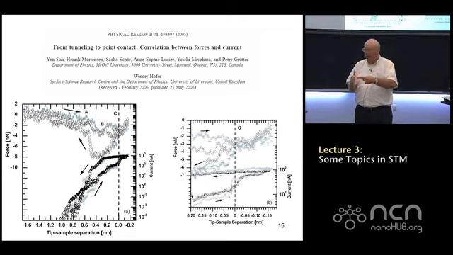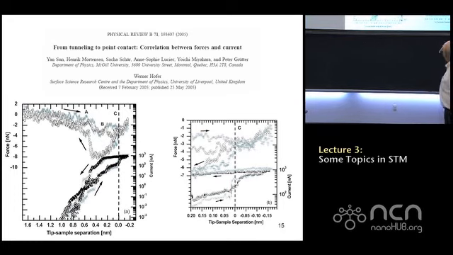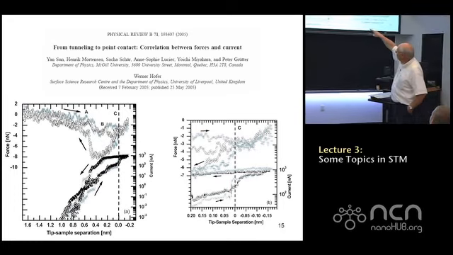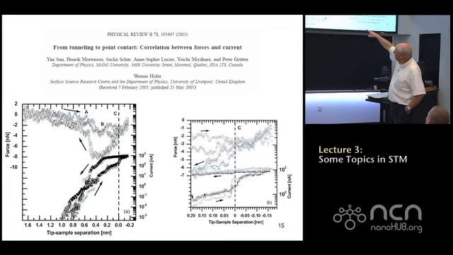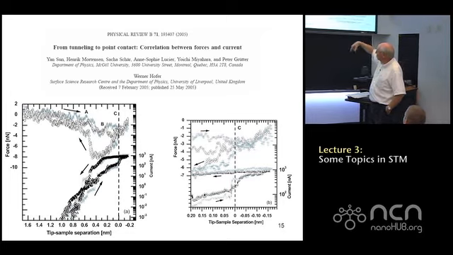Well, that's an indication of adhesion. That means that the tip is actually stuck to the substrate. There's an adhesive force that maintains this tip substrate contact. You can see it stays flat, and then finally the cantilever snaps loose, and the tunnel current starts to decrease exponentially with distance, as you would expect.